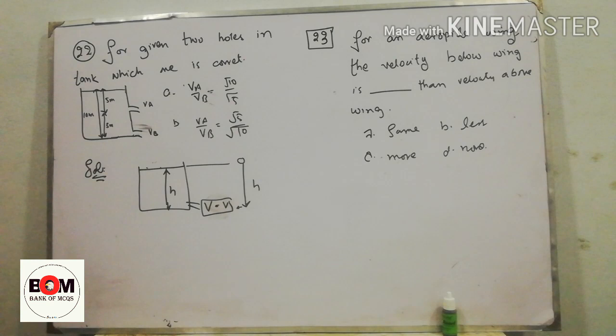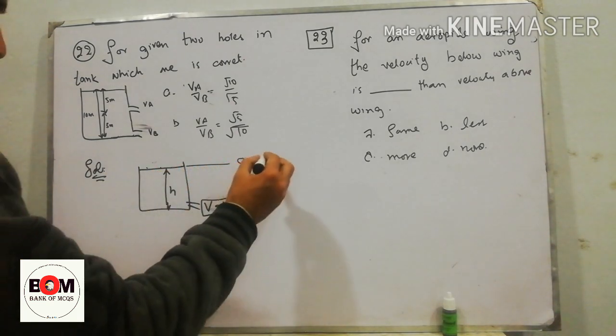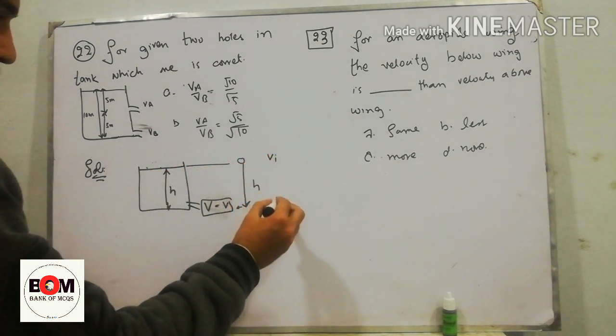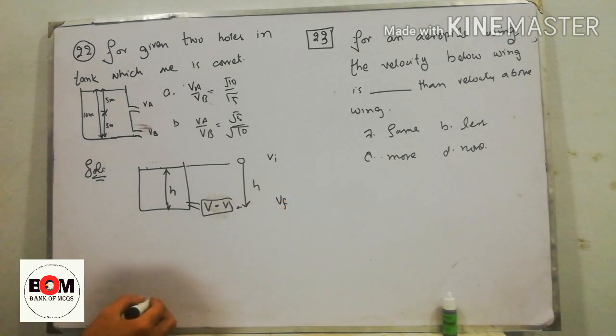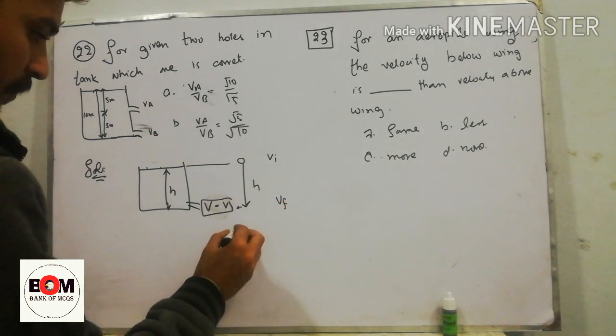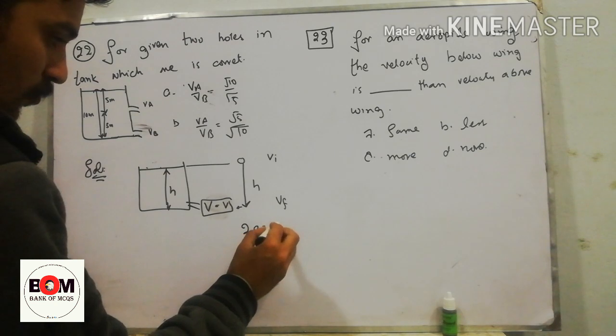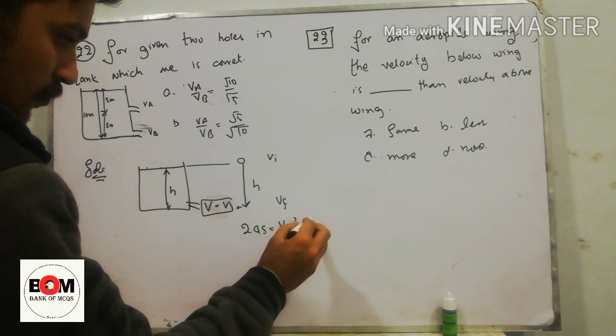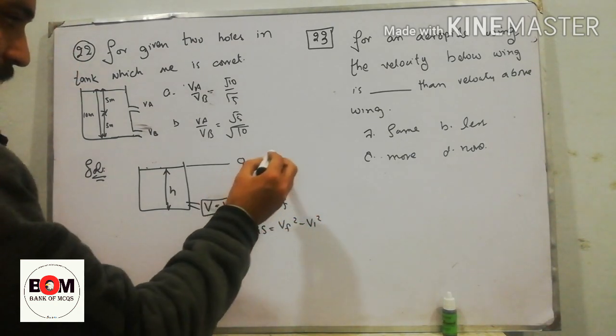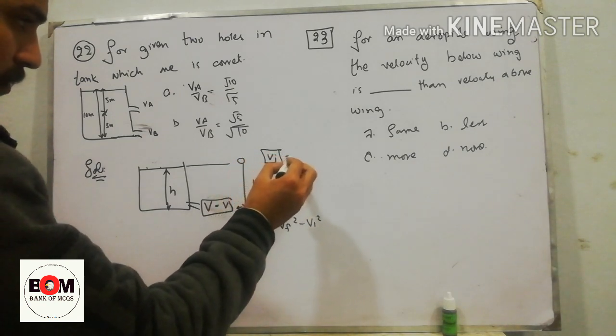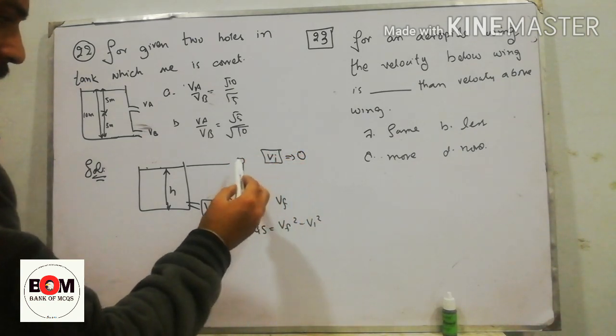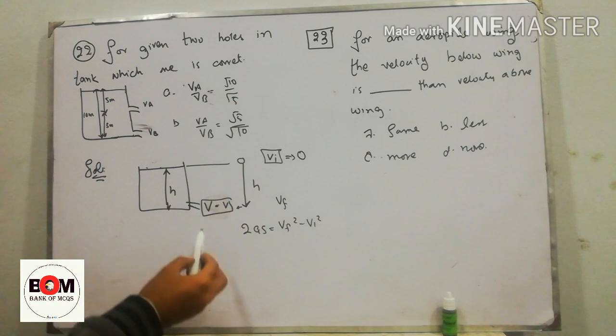We know that the initial velocity of water is Vi and the final velocity is Vf. Now we know that 2as is equal to Vf square minus Vi square. The initial velocity is considered 0 because it starts falling from zero velocity.